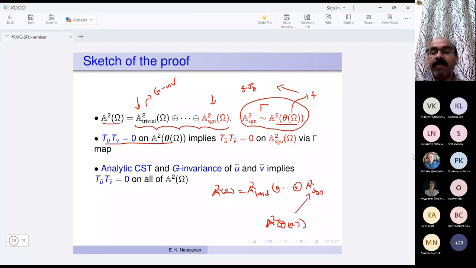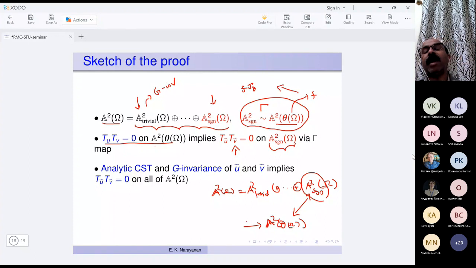So these two are identified. So TUTV equal to 0 downstairs implies TU tilde TV tilde equal to 0 on A2. When I say tilde, I have gone to the original domain. So these are happening on the original domain. So TU tilde TV tilde equal to 0 only on a smaller piece, right? On A2 of sign domain.